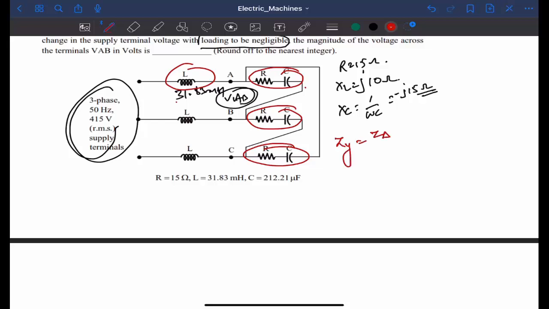That means the impedance in Y configuration of a delta configuration will be the delta configuration impedance divided by 3. So it will be 15 ohm resistance and minus J15 XC divided by 3, that will be minus J5.